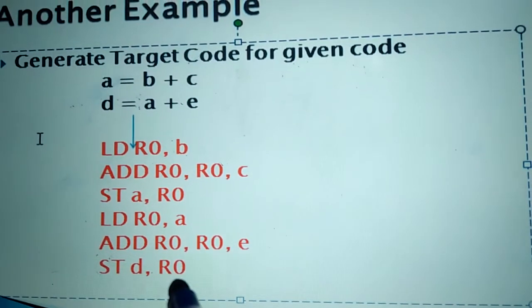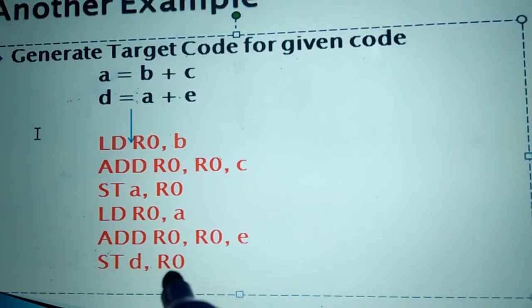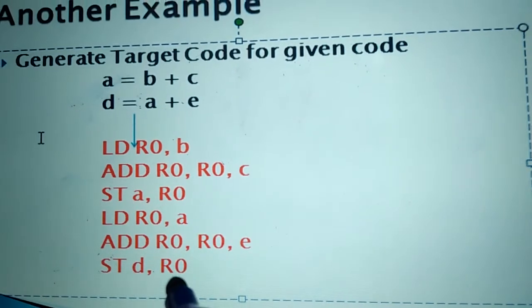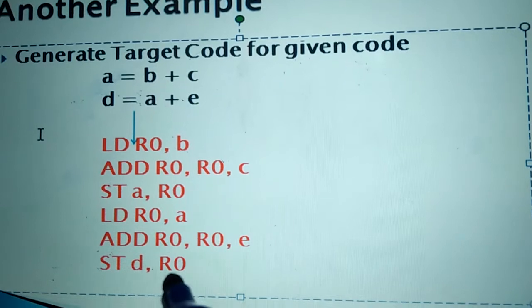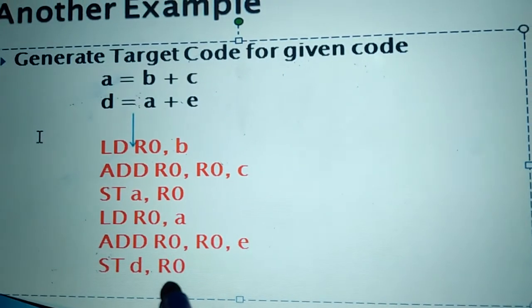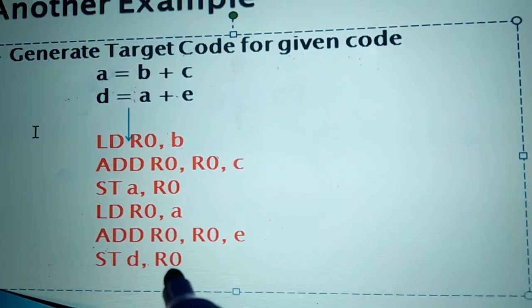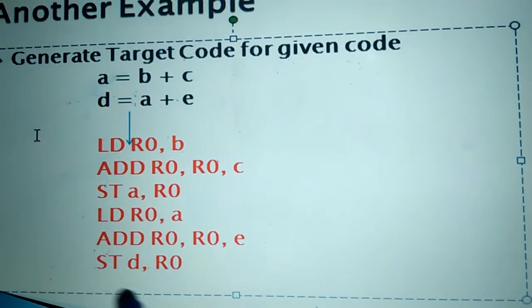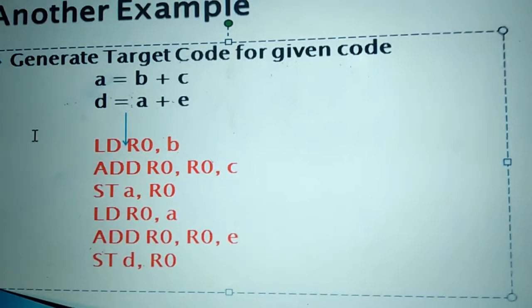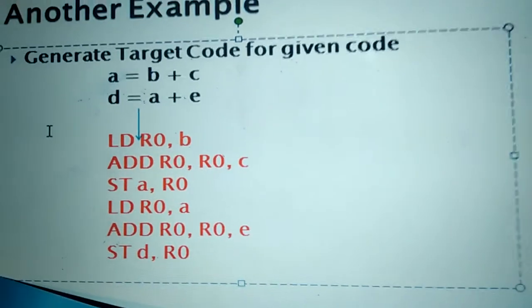And again, the result held in this R0 is being stored in d. This is how the target code is generated.